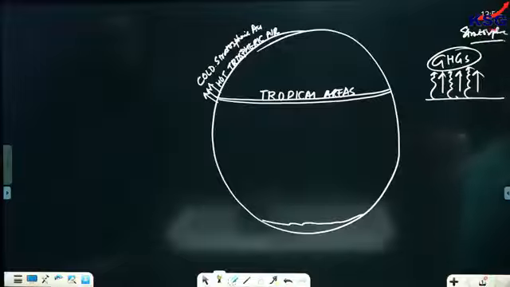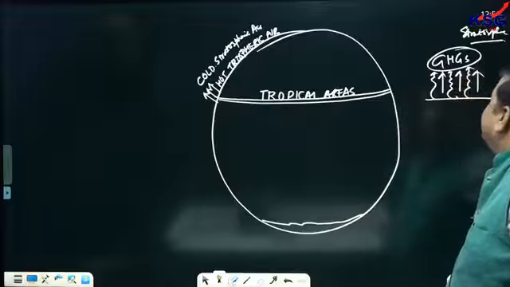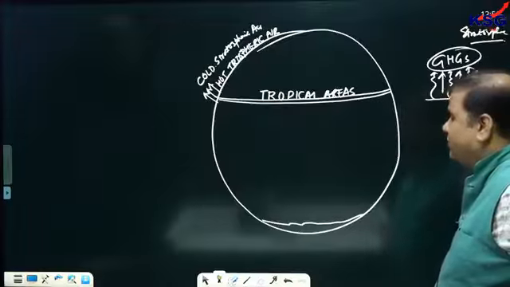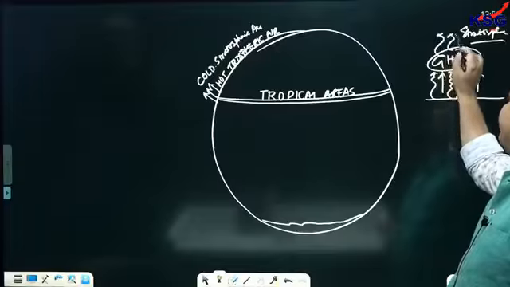Why? Because if more infrared radiation is absorbed by the greenhouse gases present in the troposphere, the escape of infrared radiation to the stratosphere would be reduced.